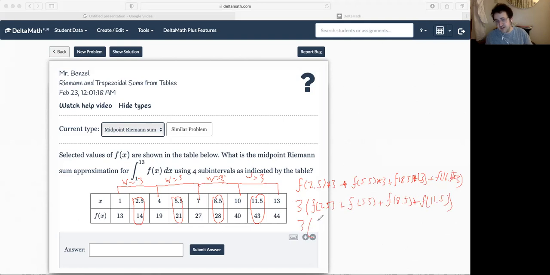And they just kind of distribute that 3, or add in the parentheses. So we're going to do 14 plus 21 plus 28 plus 43.